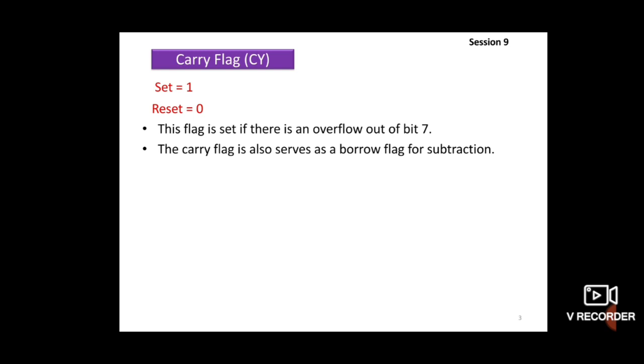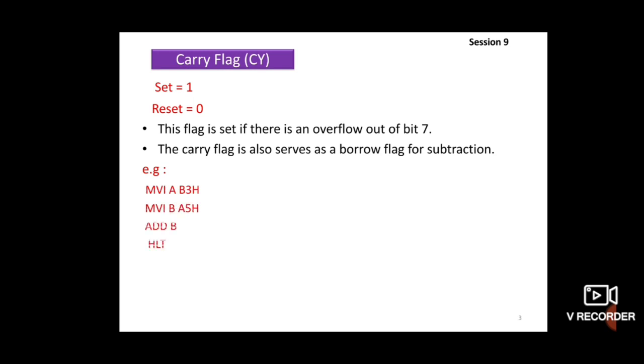And the carry flag also serves as a borrow flag for subtraction. If we calculate subtraction in an ALU operation, then instead of carry, the word borrow is used. And if addition is there, then the word carry is used. Now see an example of how the carry flag is set or reset.